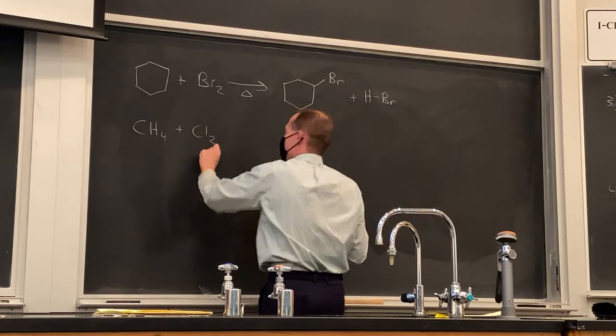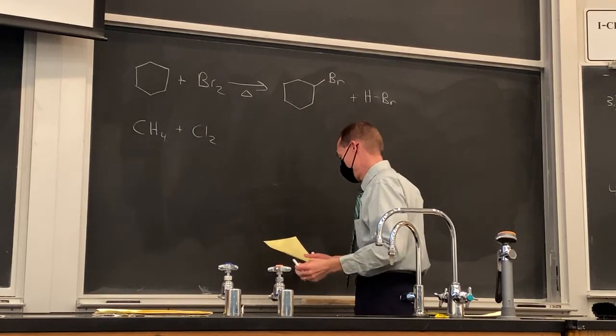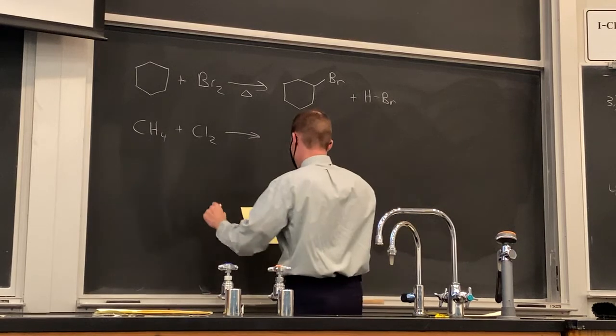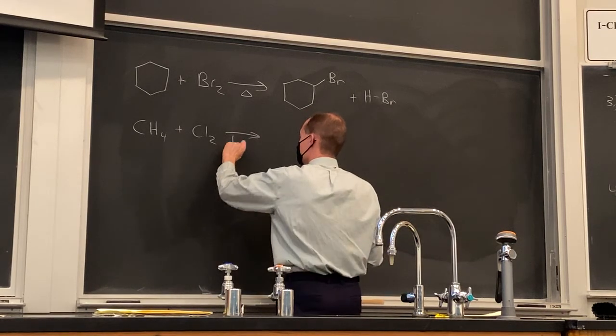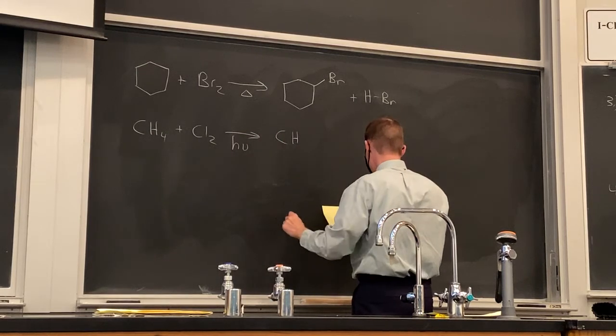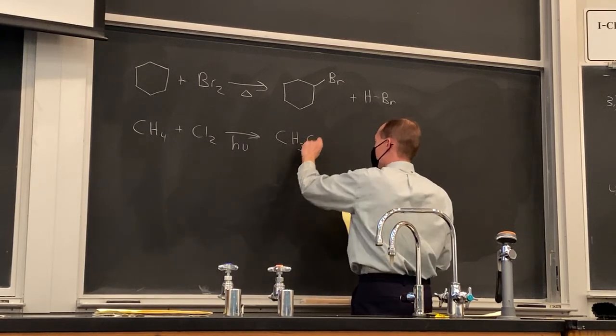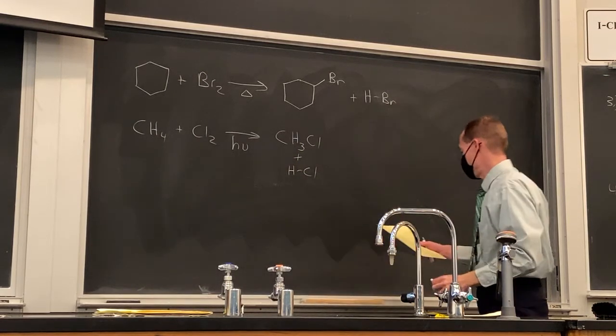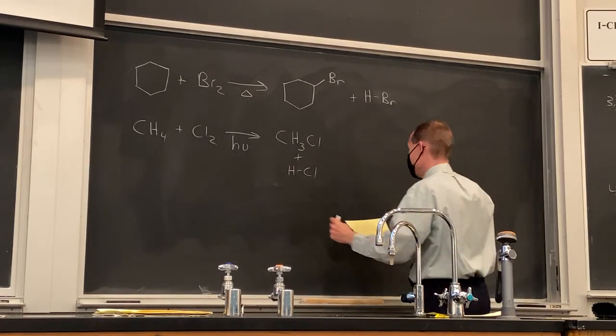If we chlorinate methane, we'll generate chloromethane. And of course, we'll form HCl in the process.